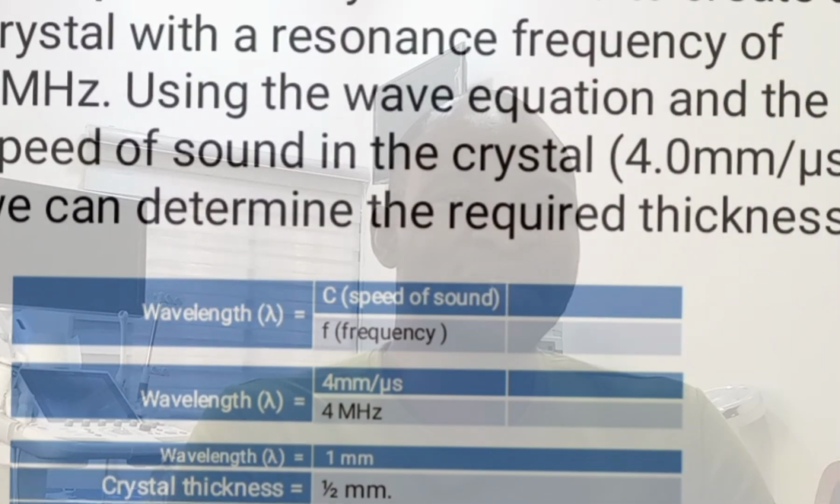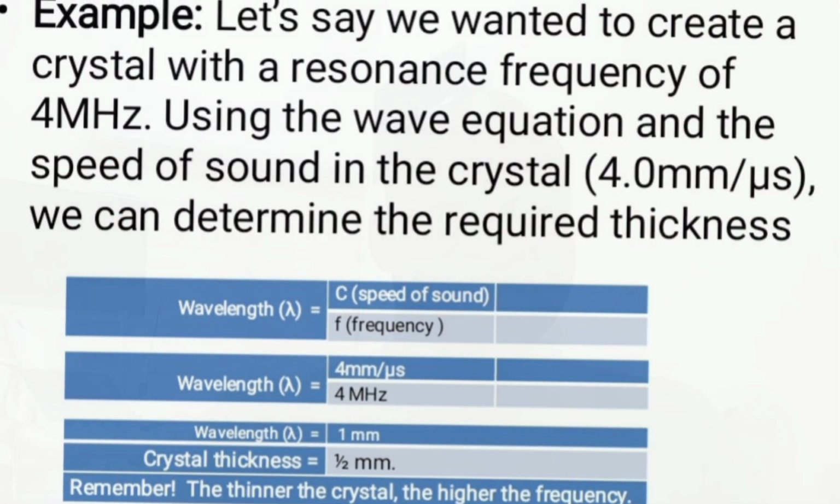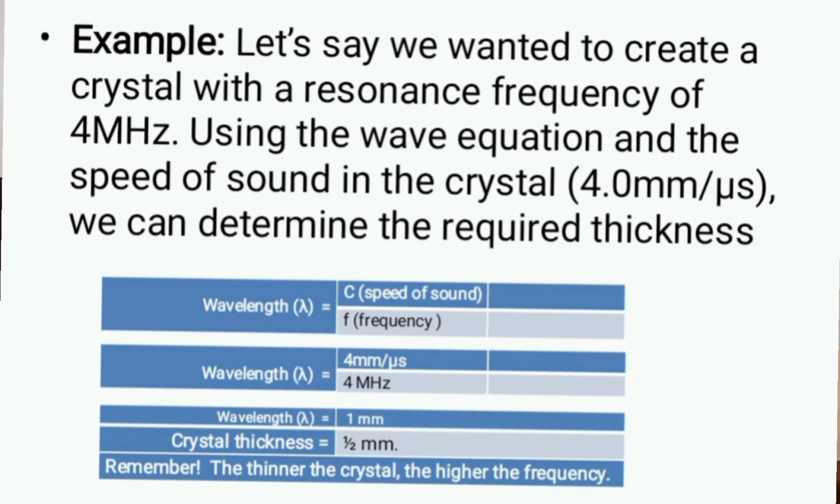For example, let's say we wanted to create a crystal with a resonance frequency of 4 megahertz. Using the wave equation and the speed of sound in the crystal, which will be 4 millimeter per microsecond, we can determine the required thickness by using the wavelength, which is speed of sound over frequency.